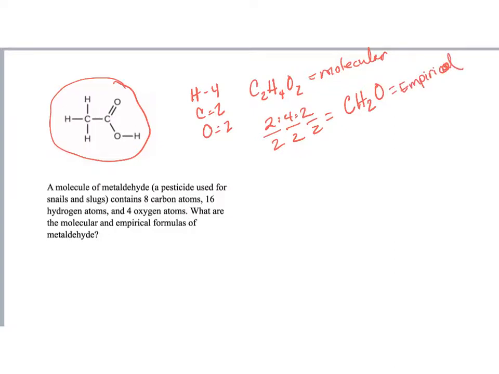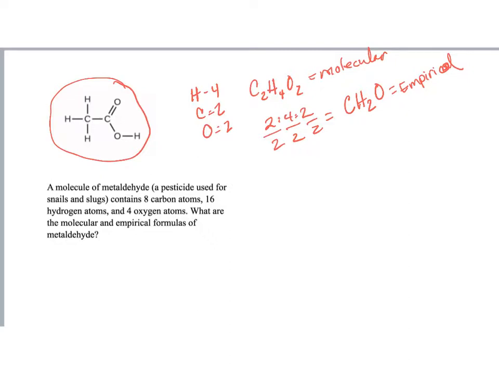So basically what you're doing to find the empirical formula is to find the lowest common denominator of the number of each of the atoms, of the elements in the formula. Here we have a kind of a word problem.